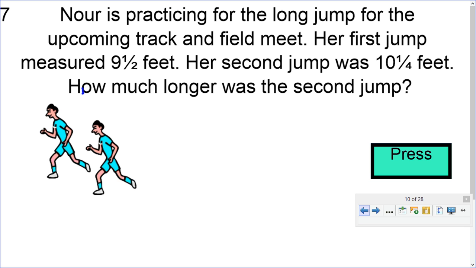So let's see. We got 9.5 feet was the first jump, and 10 1/4 feet was the second jump. So 10 1/4, we're trying to find the difference between the two jumps. So let's see, what would we do?